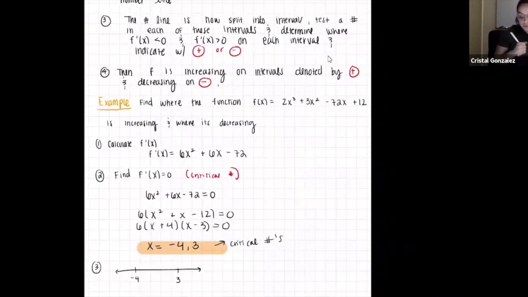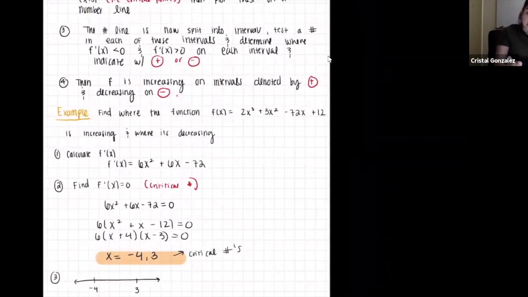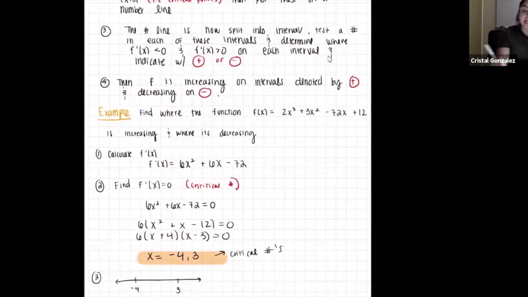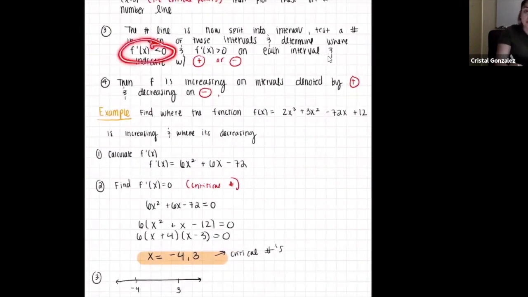Okay. So now it says the number line is now split into intervals. Test a number in each of these intervals and determine where f prime of x is greater than 0 and less than 0.